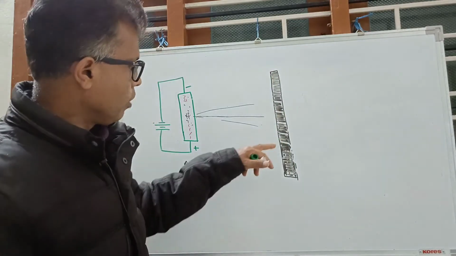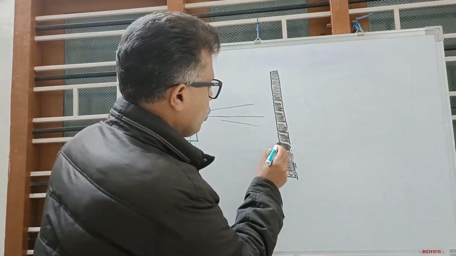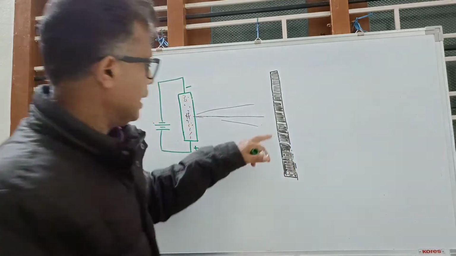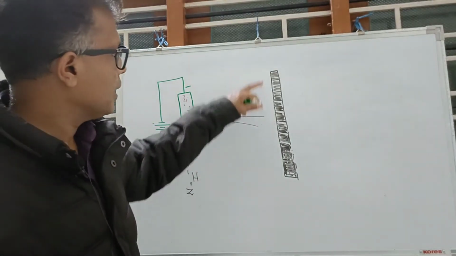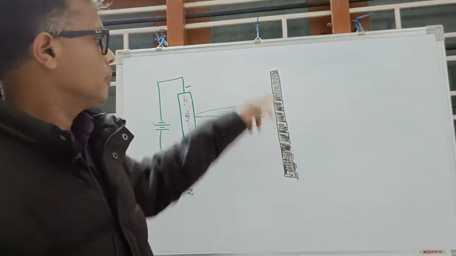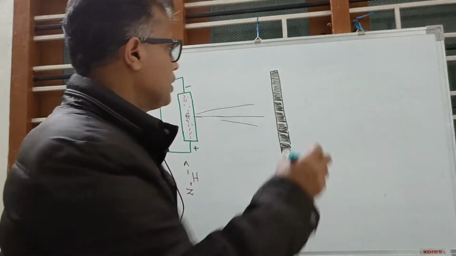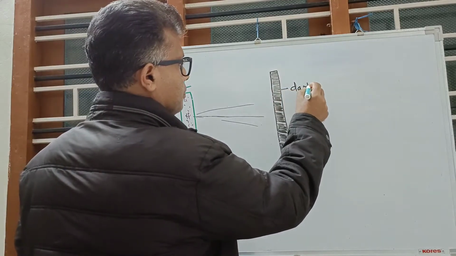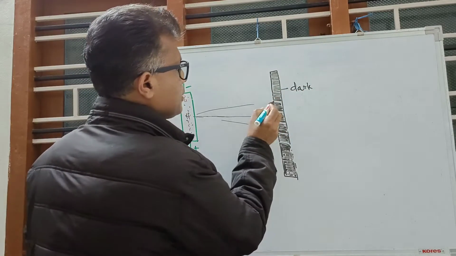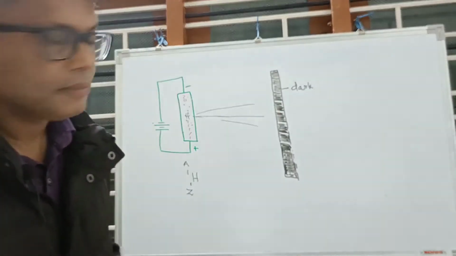See here, one bright line here, one bright line here, one bright line here, one bright line. Remaining all the spectrum is dark. This one is dark. This one is the bright line. Bright.